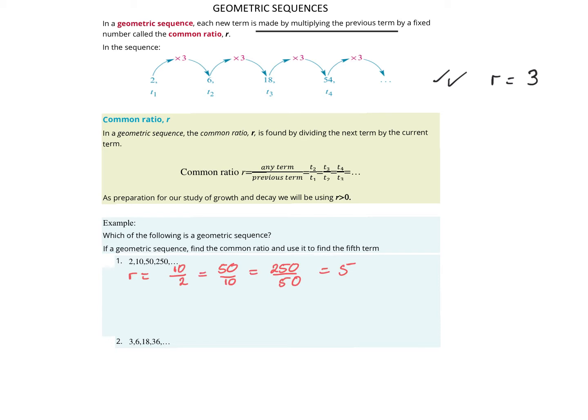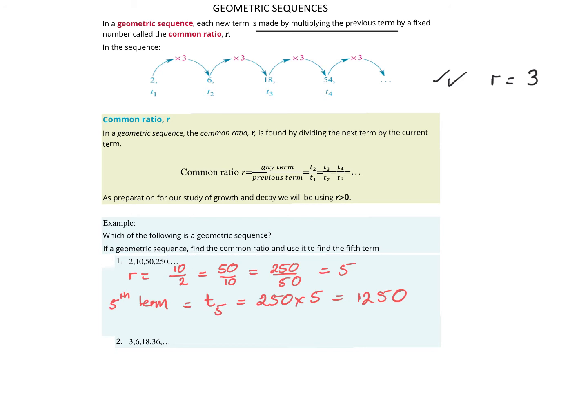We can see that for each of those terms, when they're divided by their previous term, the answer is 5. So therefore, our common ratio R is equal to 5. And because it's a geometric sequence, we're going to multiply 250 by 5, which gives us 1,250.